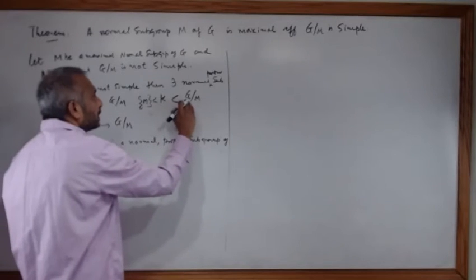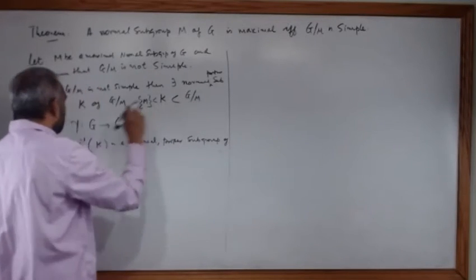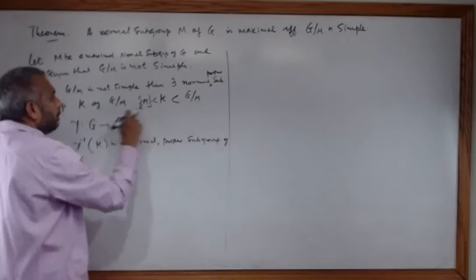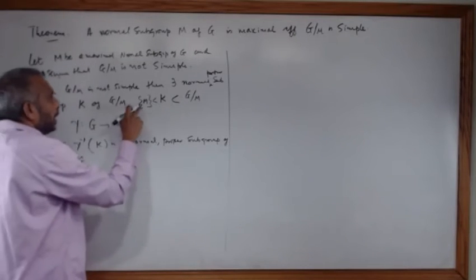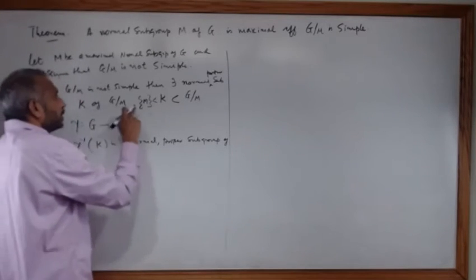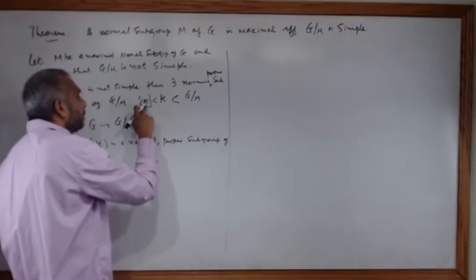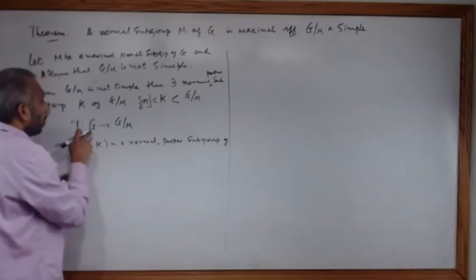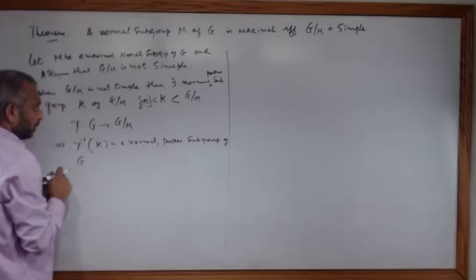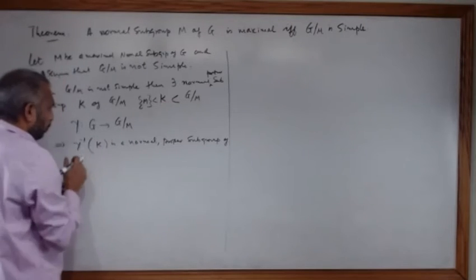So the inverse of the trivial subgroup of G over M is M, and gamma inverse of G over M is the whole of G. So this lies in between these two.